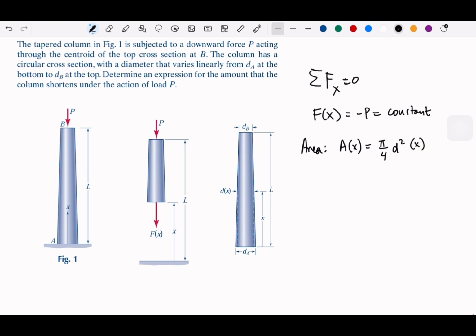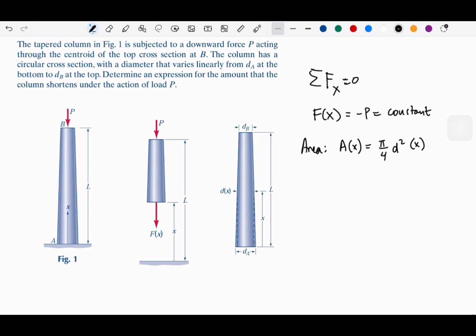We state it as a variable x because the area will have a different value for each x, right?